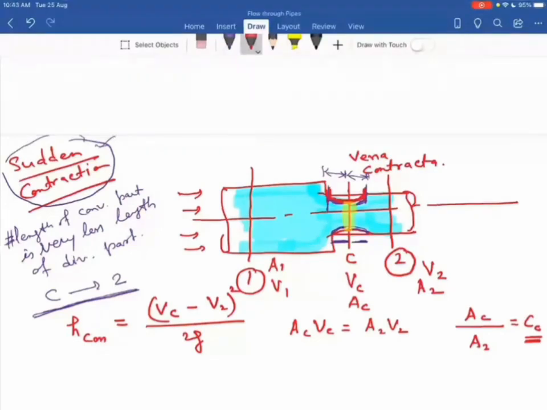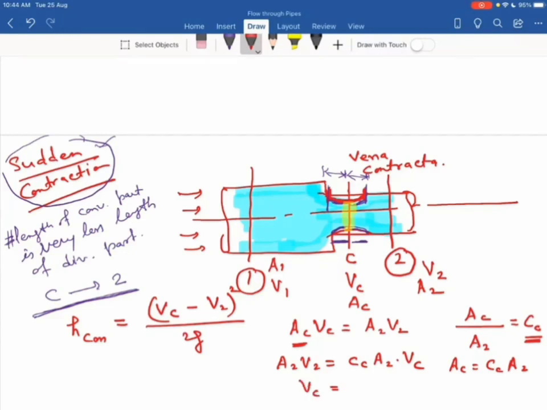So I write here AC as CC into A2. So I replace AC here: A2 V2 is equal to CC into A2 into VC. So I find from here the value of VC.